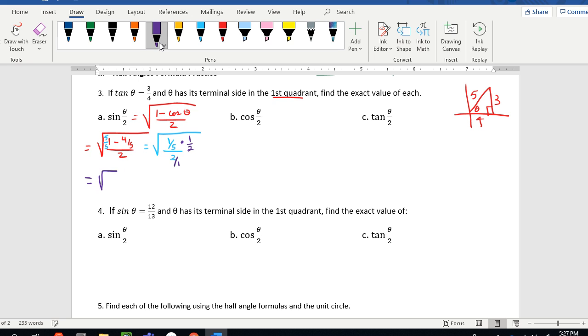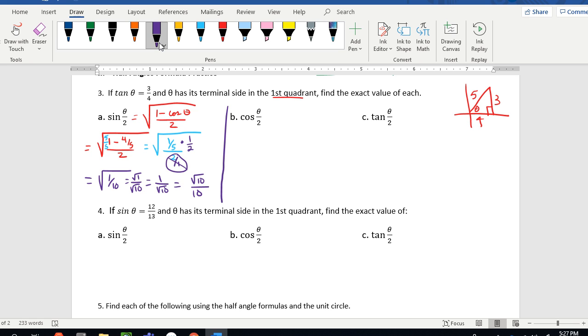This is going to give me the square root. This is now gone. This is going to give me the square root of 1/10, which is the square root of 1 over the square root of 10. Guys, you should be able to do this. That's 1 over the root of 10, and you can't leave it like this. So it's root 10 over 10. It's technically 1 times that, but 1 times anything is itself.